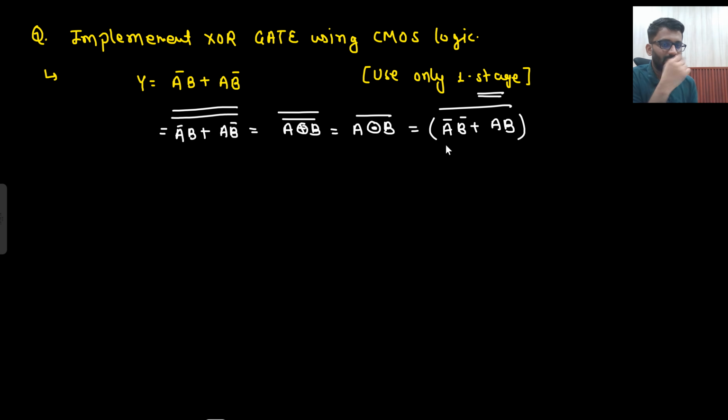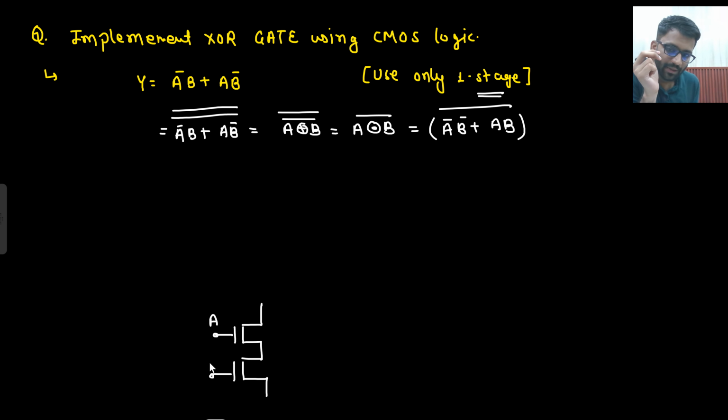So what I need to implement? A bar B bar plus AB, whole bar. A bar B bar, that means they are in series. If they are in multiplication, that means they are in series. A bar and B bar both are in series.